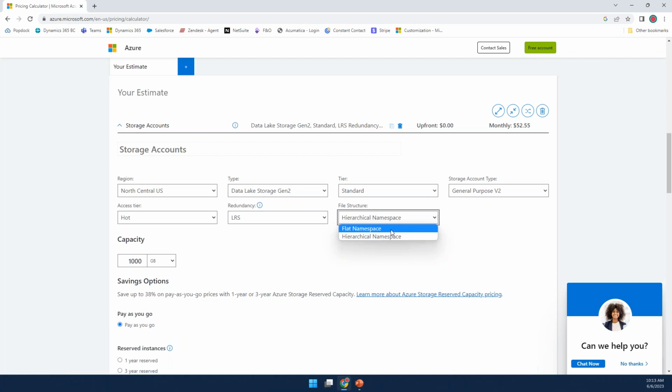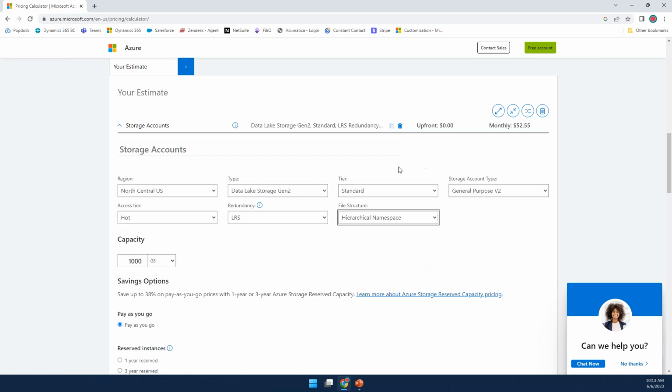So if you did choose flat namespace, you'll see it goes way down. We need that for most cases. I would recommend that you not just store everything in one folder, that you're able to have a structure to it.